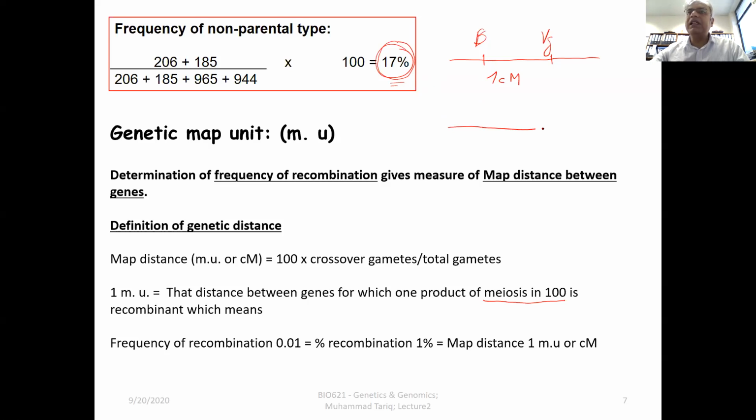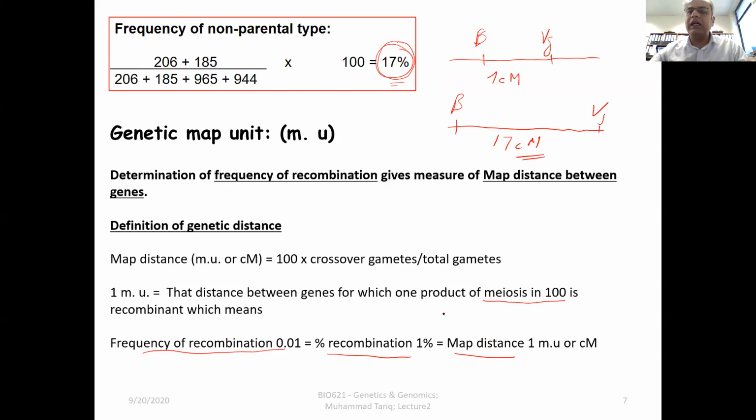So what we received is 17%, which means black and vestigial are 17 centimorgans apart. If there are 100 meiotic events, we will find only 17 recombinants. That's what we refer to as frequency of recombination, or percent recombination, or map distance.